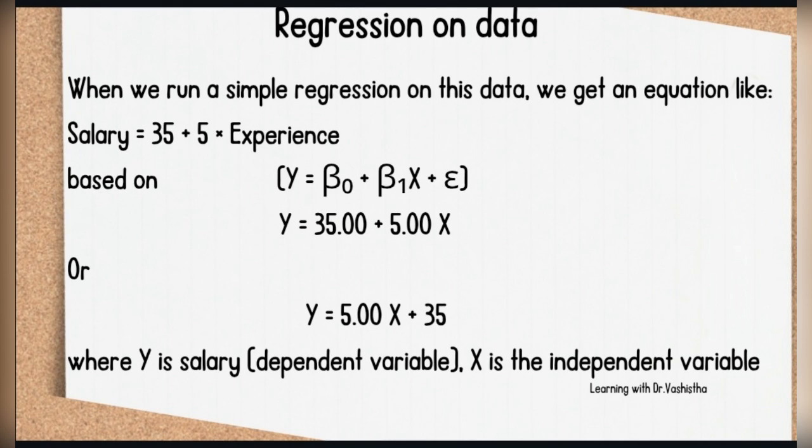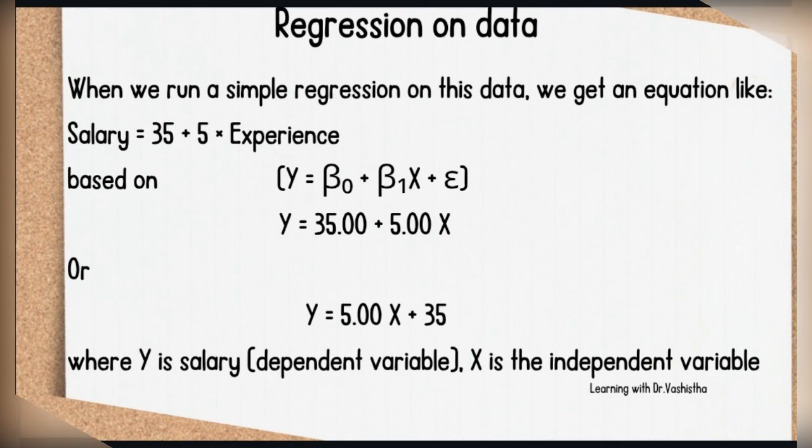Beta 1 is 5, and x is of course there, the number of years of experience. So the basic equation becomes y equals 5x plus 35, or we can put it like salary equals 35 plus 5 into the number of years of experience.